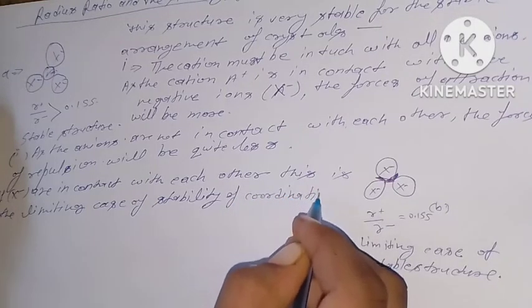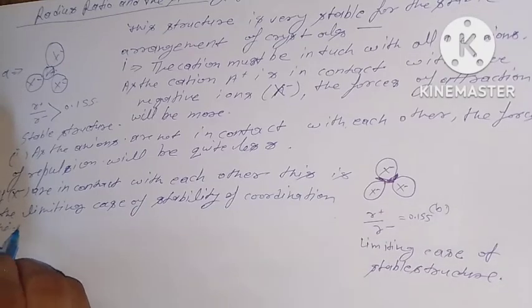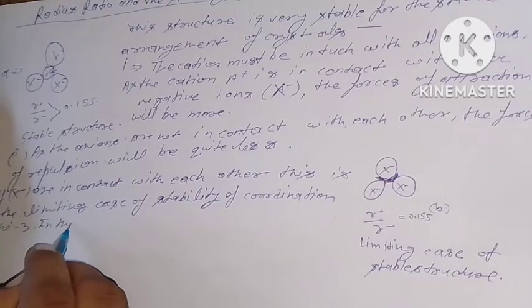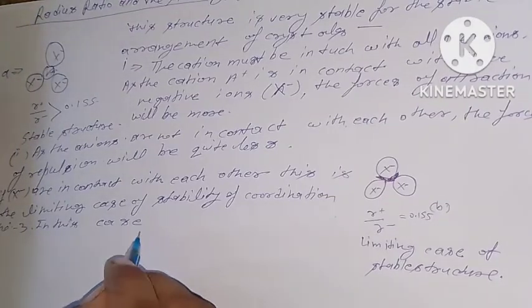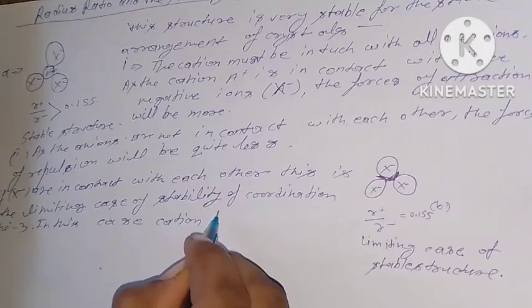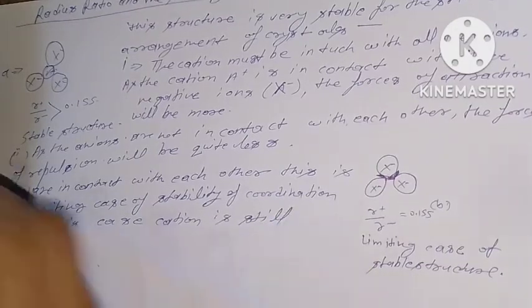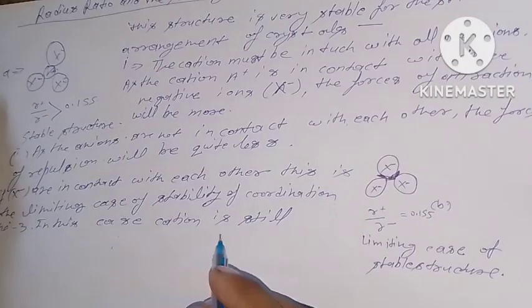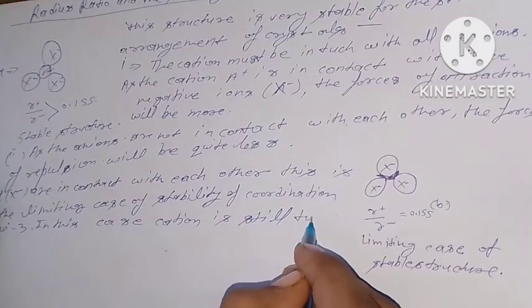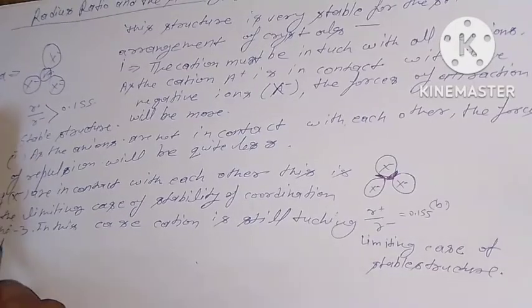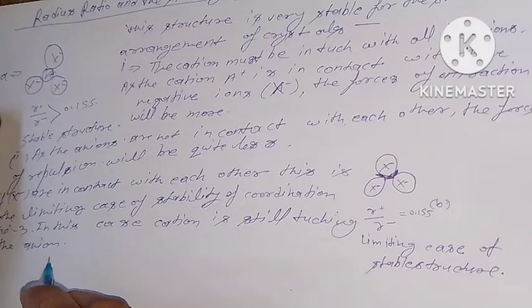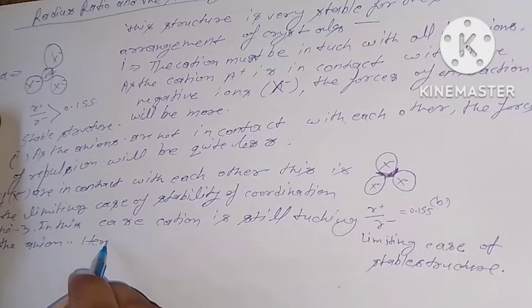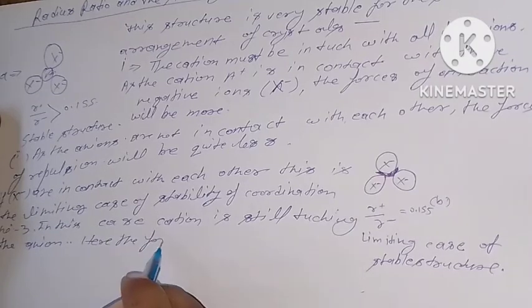In this case, the cation is still touching the anion, so the force of attraction is strong.